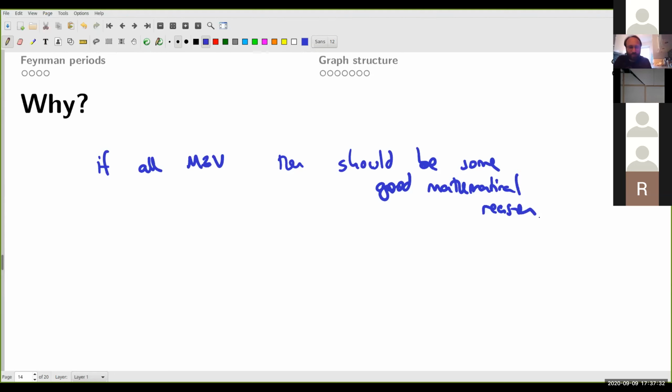Kontsevich said this. What is the good mathematical reason? The good mathematical reason is that the underlying motives, in the sense of algebraic geometry, should be mixed Tate. That's the correct good mathematical reason if what you're seeing is all multiple zeta values.